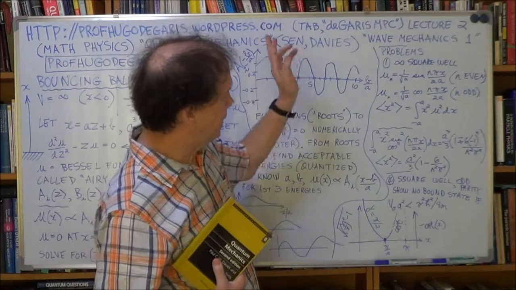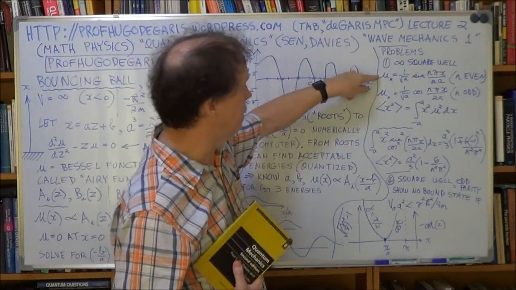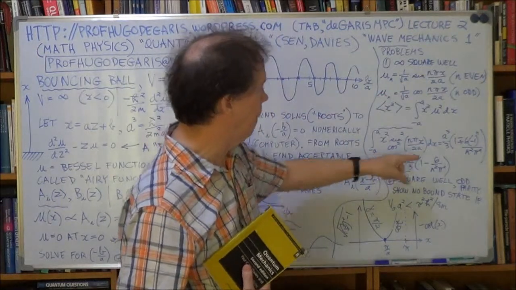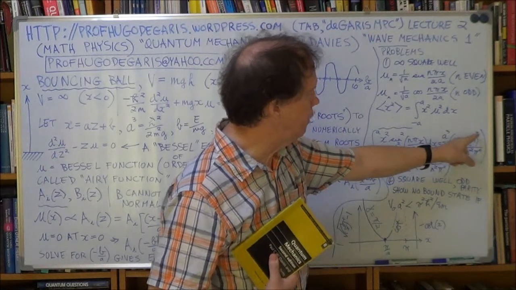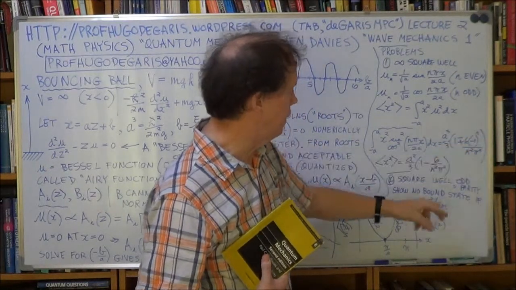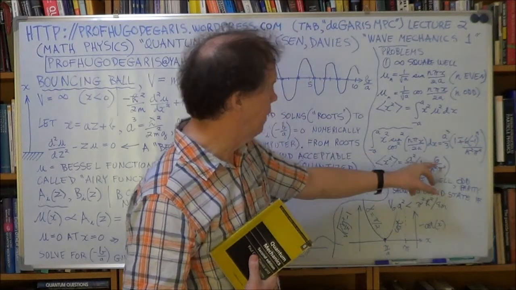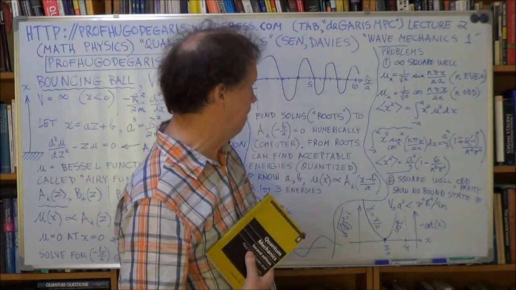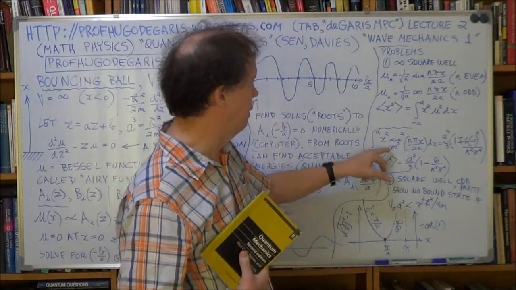Alright, now you've got two cases. So let's do it for this case, the sine case. So n is even. So minus 1 to an even integer is plus 1. So you'll get a minus 6 here. You just get minus 6. Alright, now if it's cos, that's this case, n is odd.